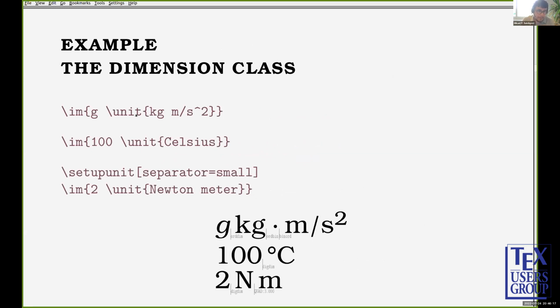So if we set it in mathematics, IM is inline mathematics, DM is displayed mathematics, then we get, well, I don't dare to say what is right here because I don't work too much with units, but we get some kind of spacing in between, and it's of course possible to set it up if you want a different kind of spacing. We have set it up so that the unit will give what is called a dimension class, and then you can set up the spacing to the left and to the right of it. I will say something more about the left and right soon.